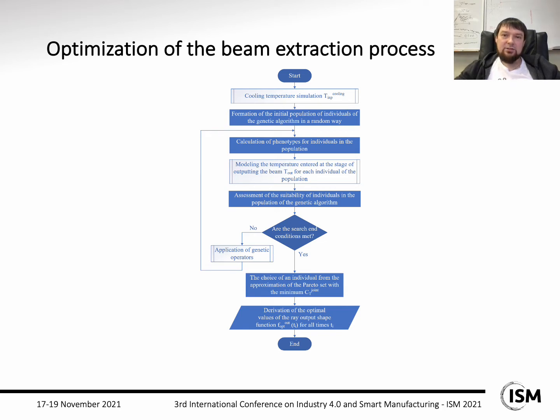Also, a transition to the stage of calculating the phenotype for individuals in the population is made. Otherwise, if the search condition is satisfied, then an individual is selected from the approximation of Pareto set with the minimum CT joint. After that, the optimal values of the beam output shape function, which is f opt I out from Ti, are derived for all times of the output of the beam Ti.